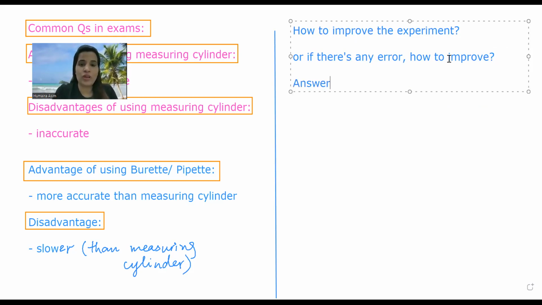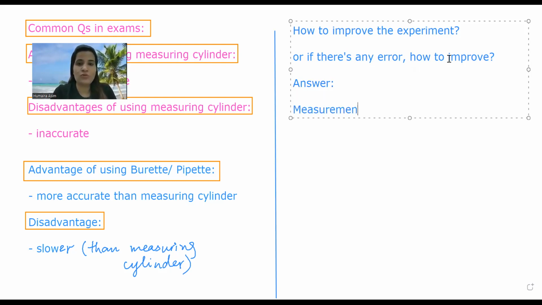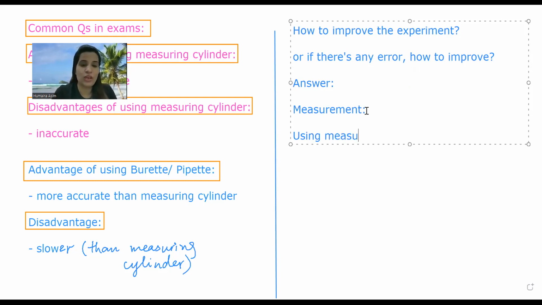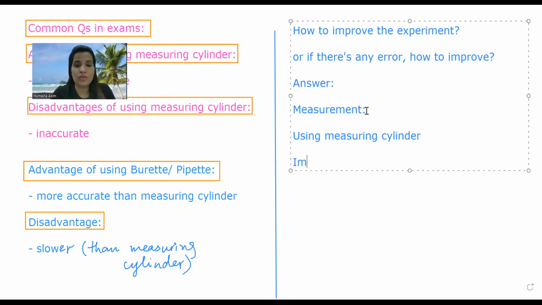Here is how I'm going to write my answer in terms of measurements. What is the error in terms of measurements? The error is using a measuring cylinder, of course, if they are using it in their experiment. And what will be the improvement?